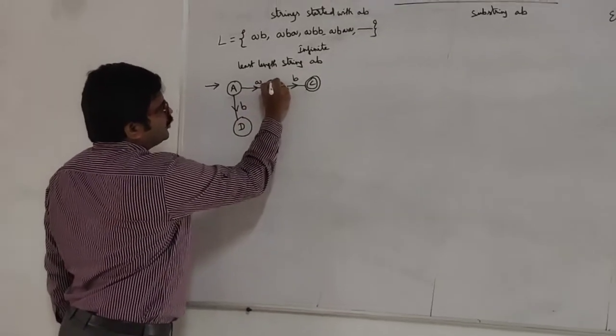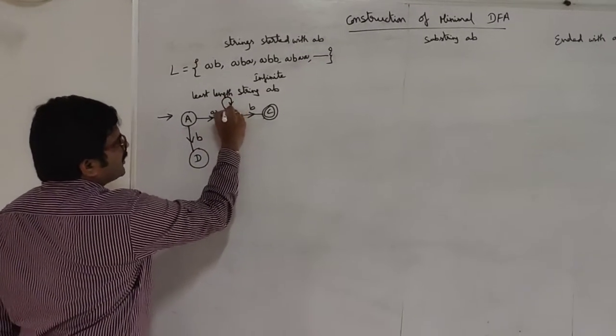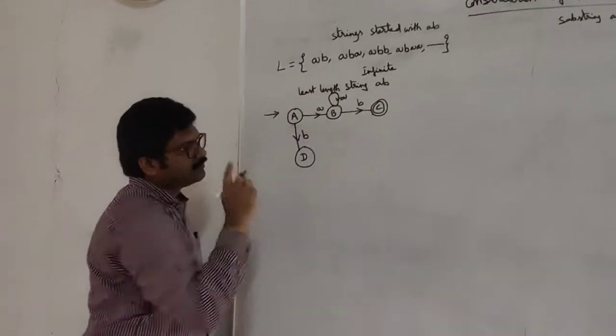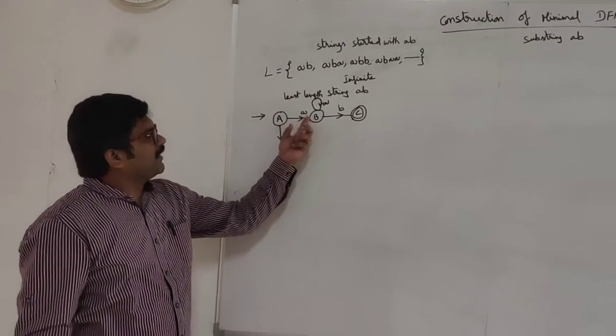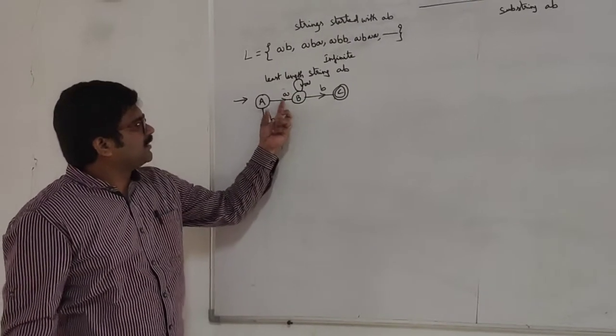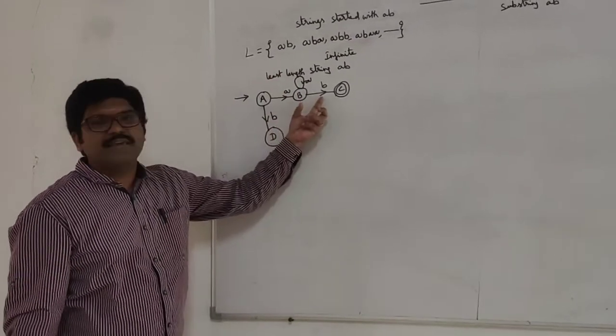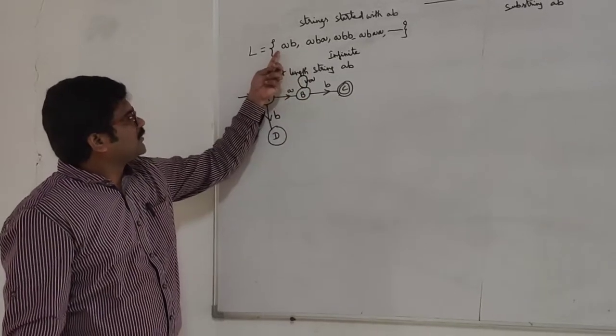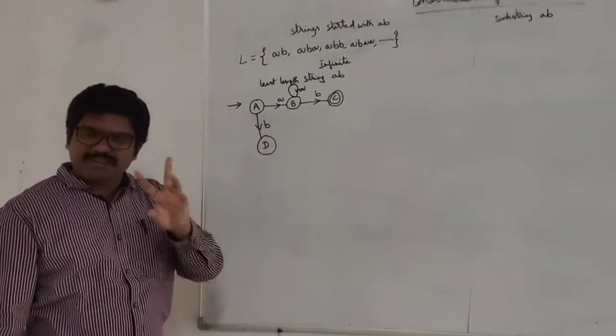So now let us start with the same logic that we applied. Try to give a self loop here. If I give a self loop, is there any problem or not? You need to check. If I give a self loop here, the problem is that strings like a followed by any number of a's and then b would be accepted. But here, strings must start with ab only.